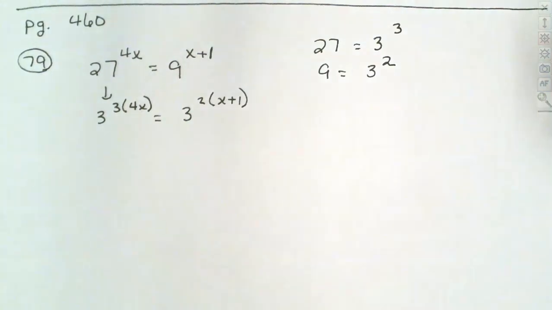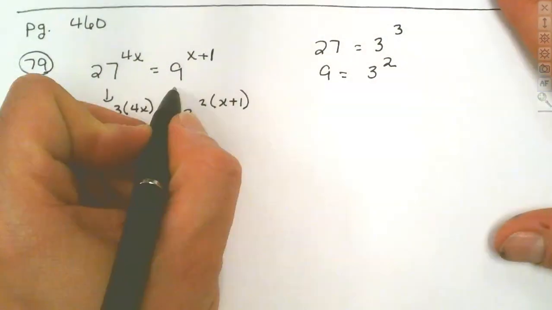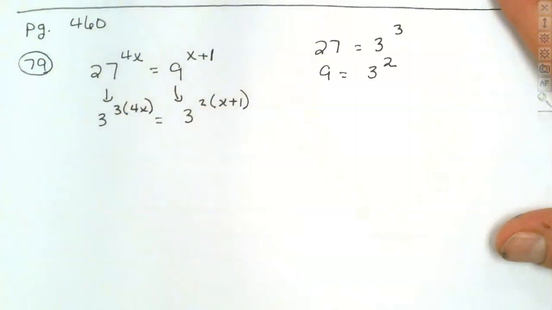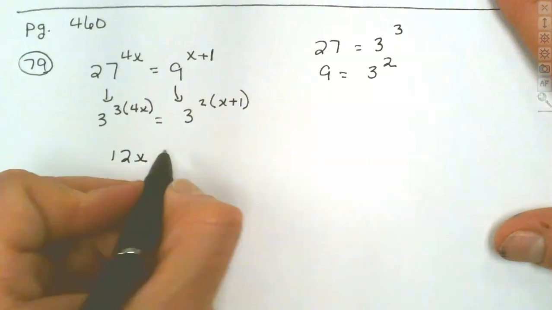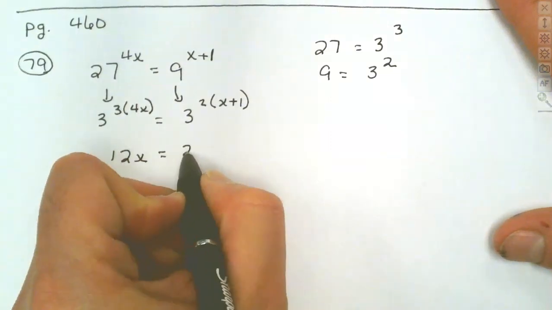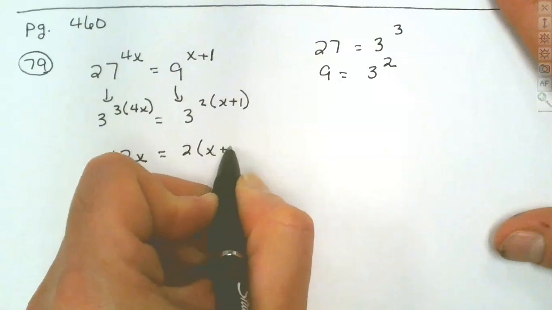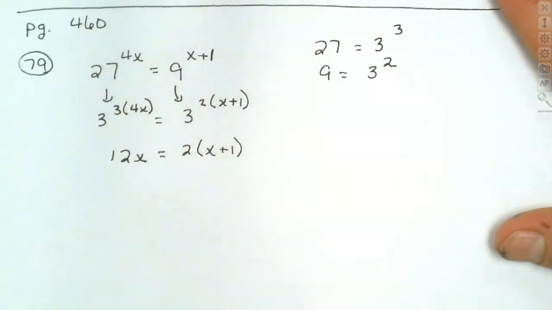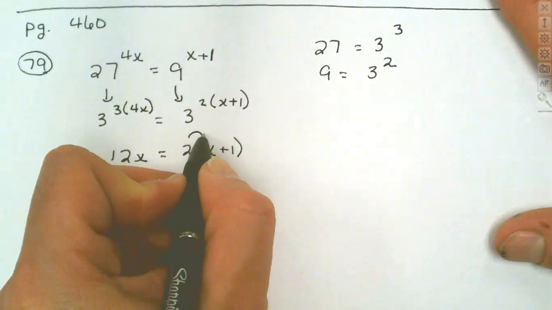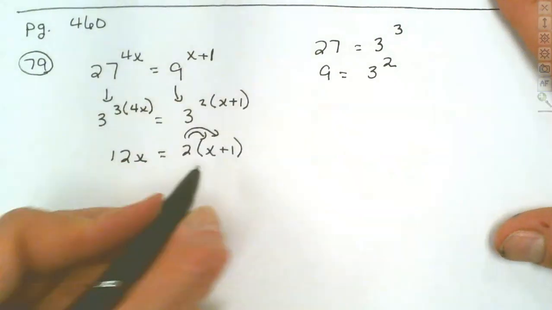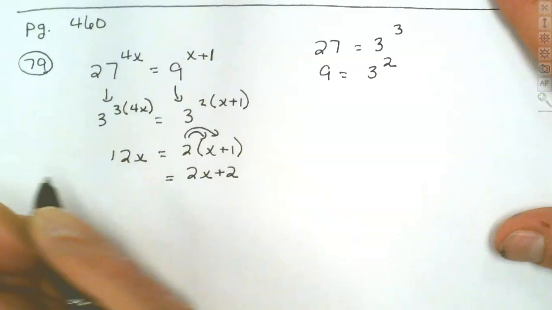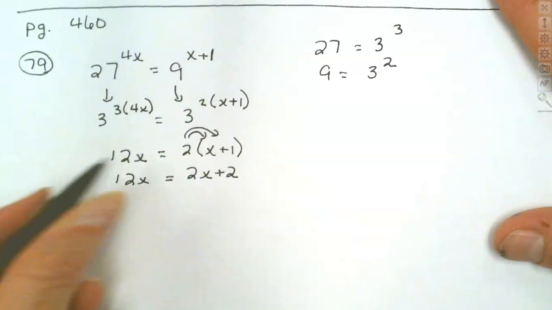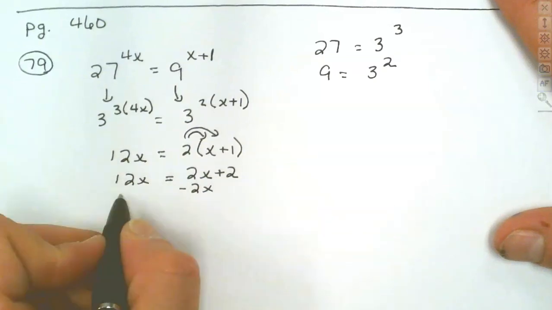Since the bases are the same, then the exponents must be the same. So 4 times 3 makes it a 12x. And what is that going to equal? That's going to equal 2 times x plus 1. And we can solve this by distributing the 2 through. That leaves you then with 2x plus 2. And the other side is a 12x. Move that 2x over.